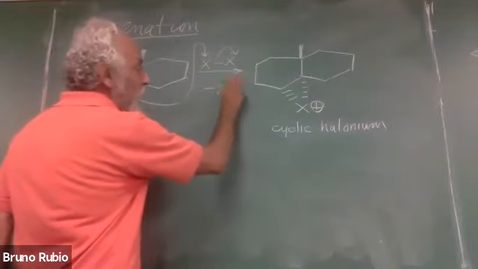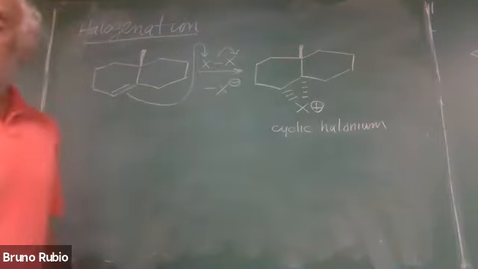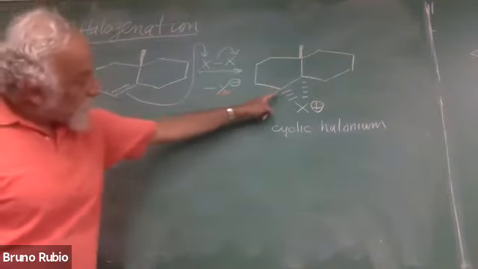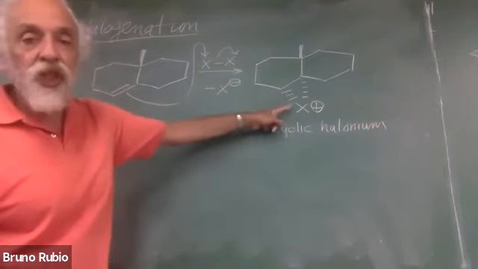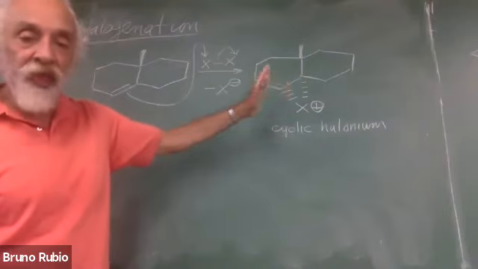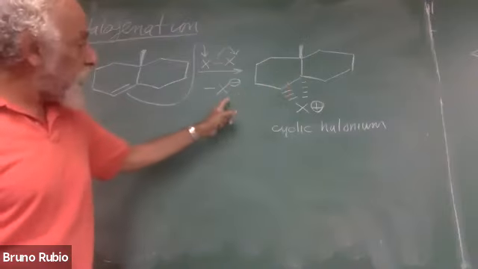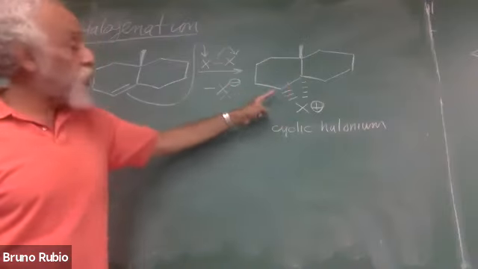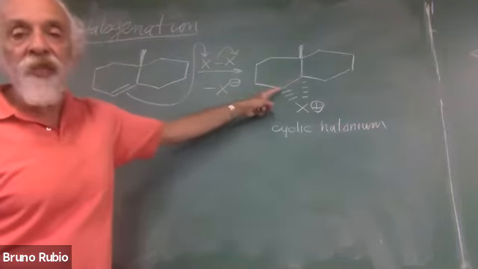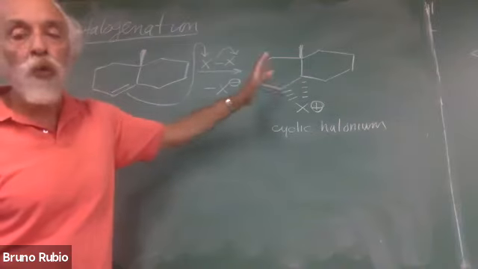Now we've had X minus swimming around in solution. And so now this three-membered ring here, it's strained. It wants to be busted open to relieve the strain. And so what this X minus is going to do is attack one of the carbons of the halonium ion. But which one?